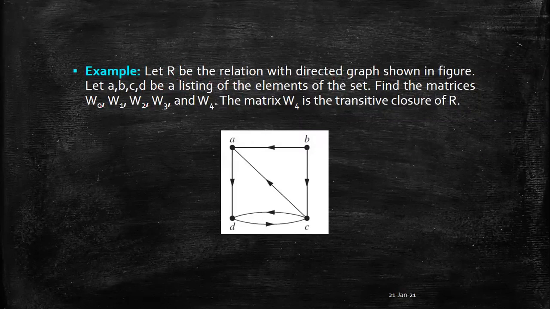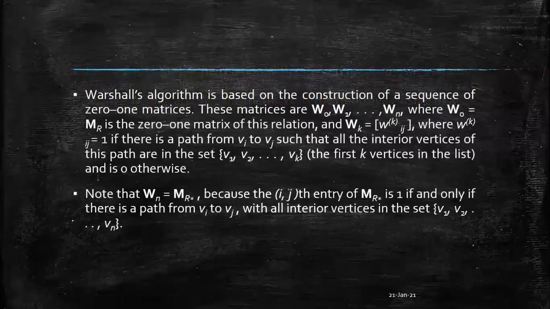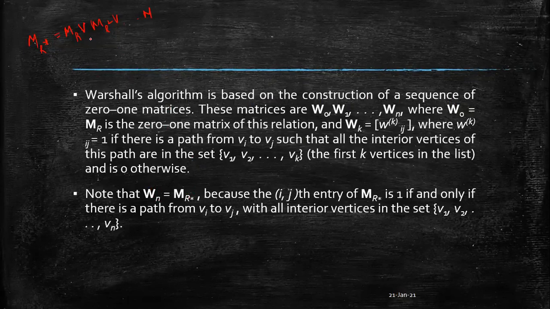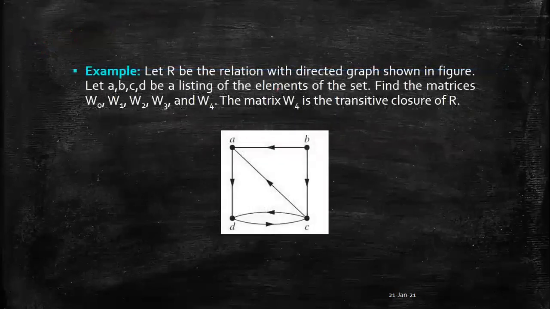Now we have to find the matrices for W0, W1, W2, W3 and W4, and the matrix W4 is the transitive closure of R. In this slide I have said that the final W4 matrix will be equivalent to the join, that is the union, of your MR square till wherever you get MR^n. So here in this case your W4 is the final transitive closure.